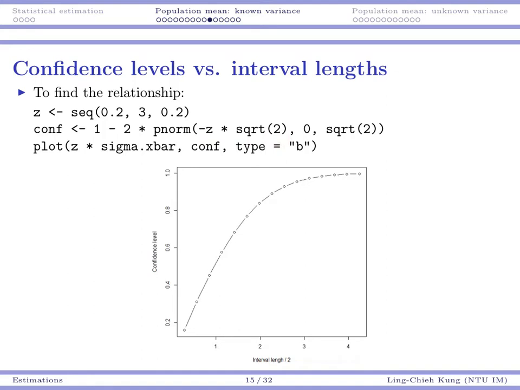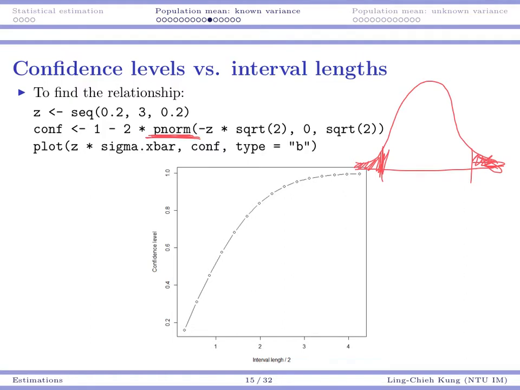The important thing is that I am using this pnorm function. This pnorm function allows me to calculate the left tail probability. Recall that we have this normal distribution, and we are calculating the left tail probability. Multiply it by 2, we also get the right tail probability.